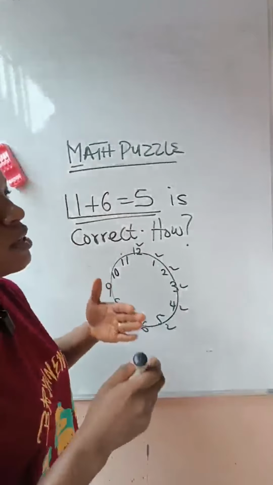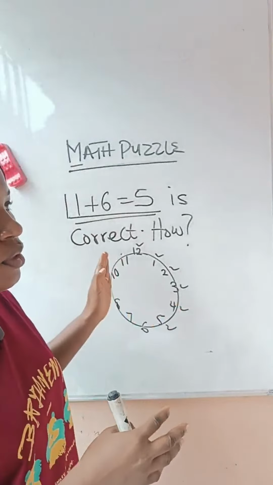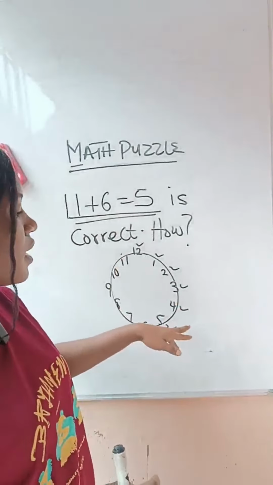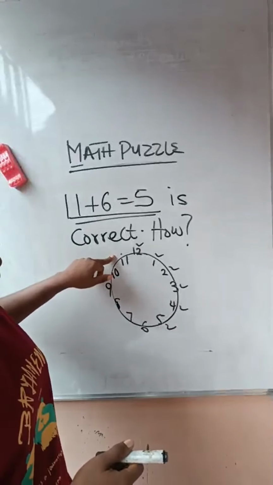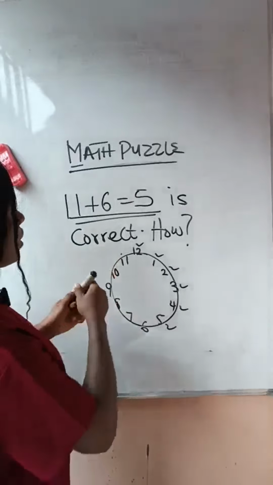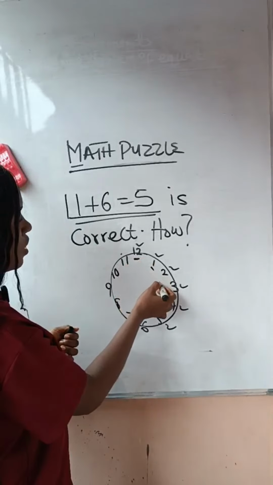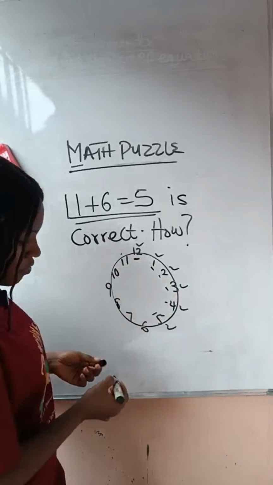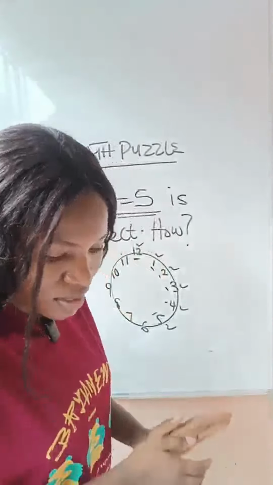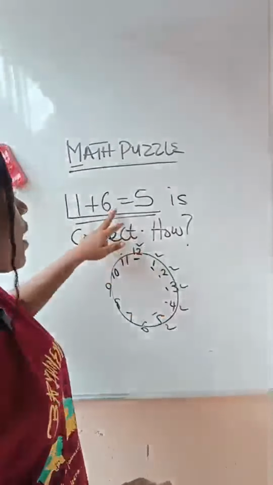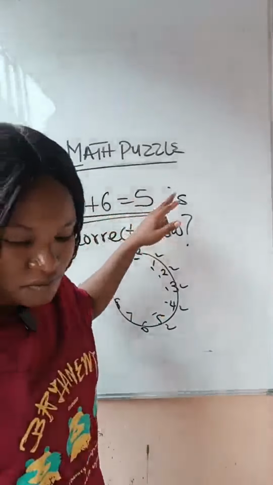Now for those of you saying that if it's the clock, we are going to get 17 o'clock. Remember that we have 11, right? That 11 p.m. Then we have 1 a.m., 2 a.m., 3 a.m., 4 a.m., and 5 a.m. The answer is just the clock. That is the only way. When you add 6 to 11, you will get 5.